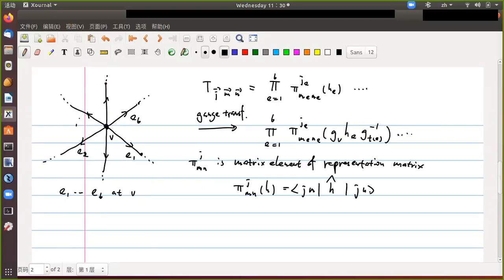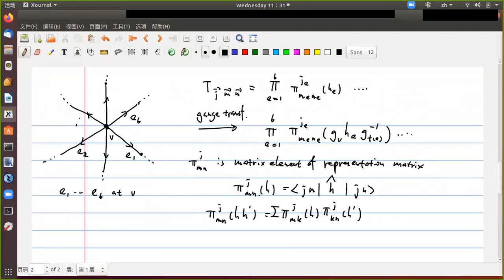Being a representation, it satisfies the following property, which is the definition of a representation: pi j m n of h h prime equals pi j m k of h times pi j k n of h prime.